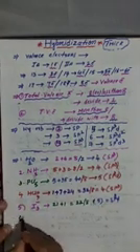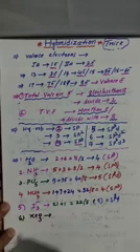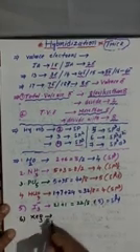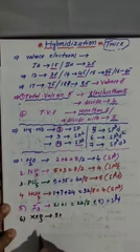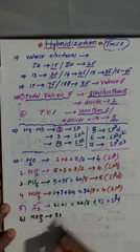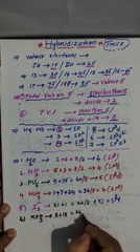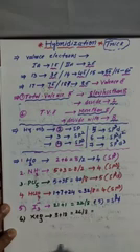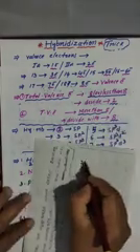Let us go for another example. XeO3 is given, xenon trioxide. Xenon is in group 8A, so valence electrons 8, plus oxygen 6 into 3 is 18. So you are getting 18 plus 8, 26. More than 8, divide by 8. 8 3s are 24, and the remainder is 2.